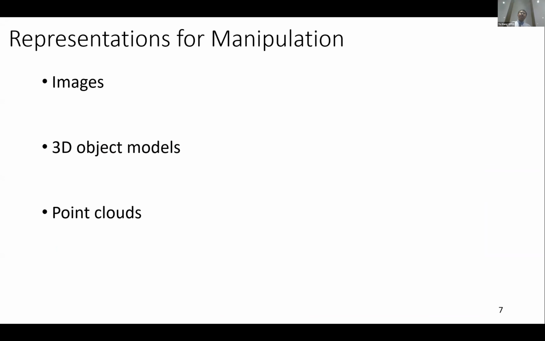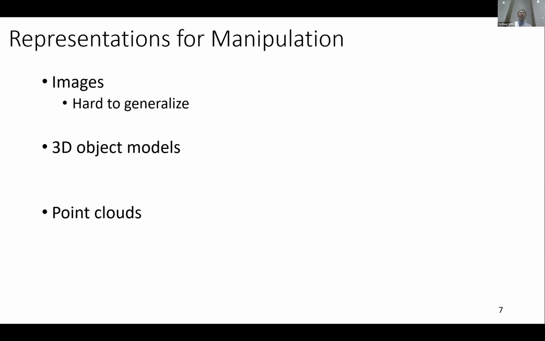Okay. So I have briefly discussed these three representations for robot grasping: images, 3D object models, and point clouds. They have pros and cons. If you use images, that's the easiest sensing information to get. But the drawback is that it's hard to generalize. We might need a lot of training images for a specific task or domain.